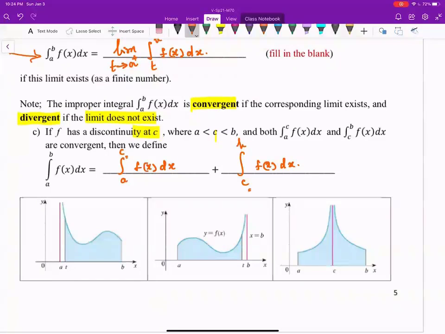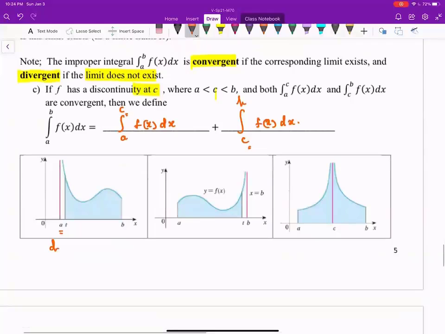Here, if you notice, there is a discontinuity at a, so we are evaluating the integral from t to b. There is a vertical asymptote at a in this figure. So the integral should be treated as the integral from t to b, with the limit as t approaches a plus, from the right side of the lower limit.